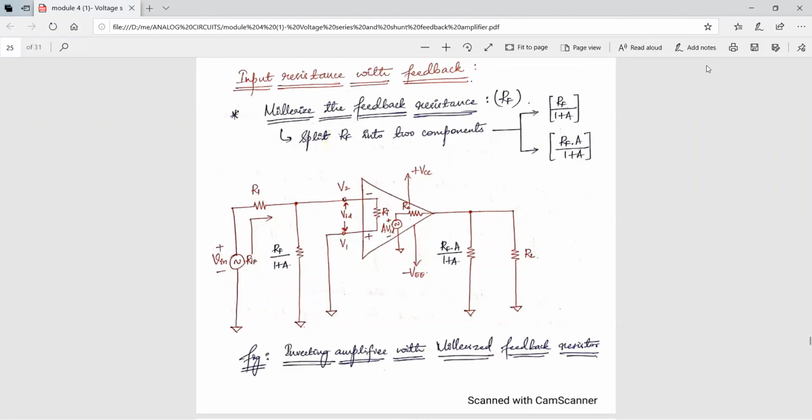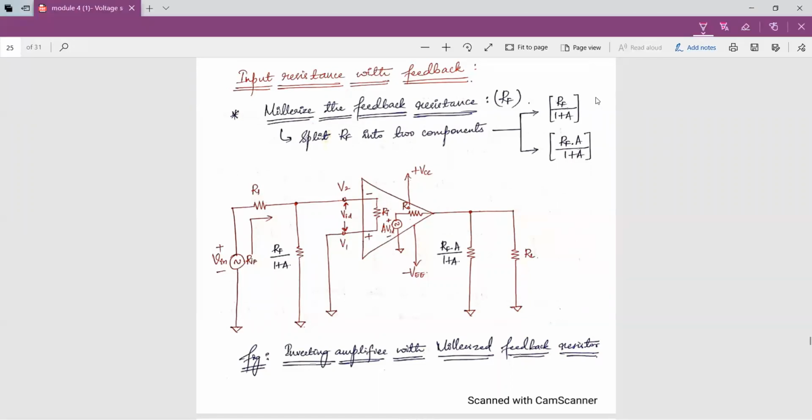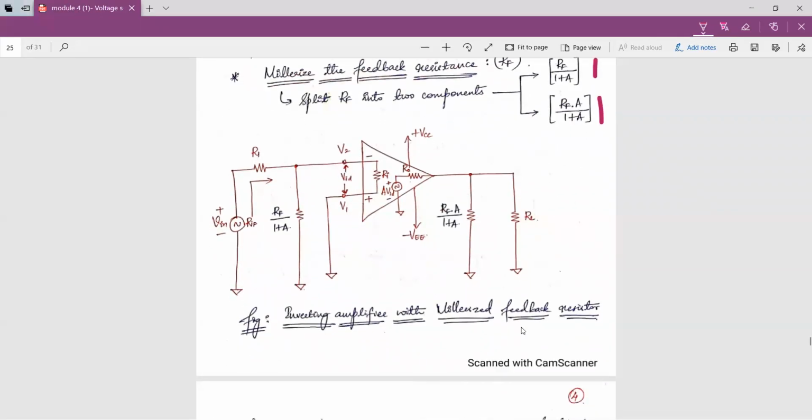First one is this one, Rf by 1 plus A, and the second one is Rf into A by 1 plus A. So at the input side, the millerized feedback resistance will be Rf by 1 plus A, and after passing through the op-amp of gain A, the millerized feedback resistance at the output side will be Rf into A by 1 plus A. So this is all about the configuration of the inverting amplifier with millerized feedback resistor.